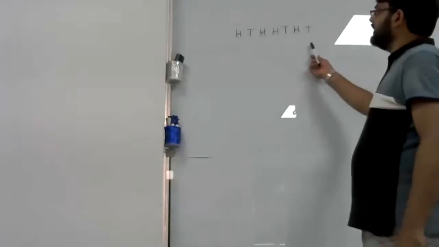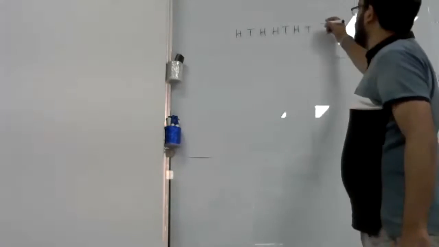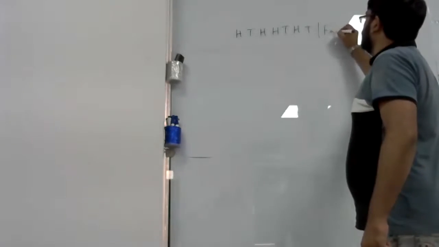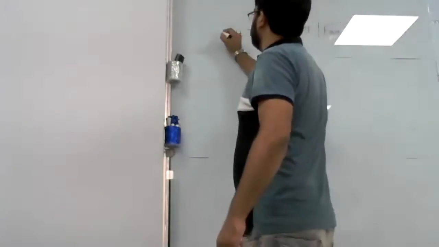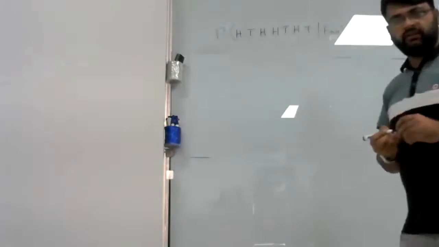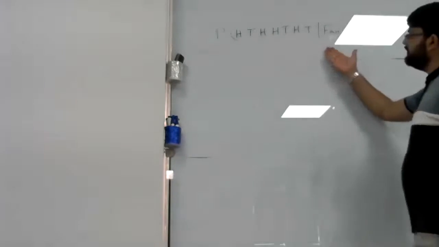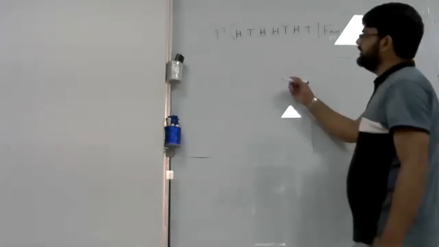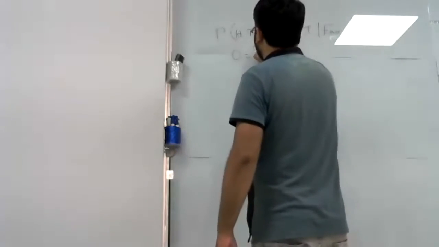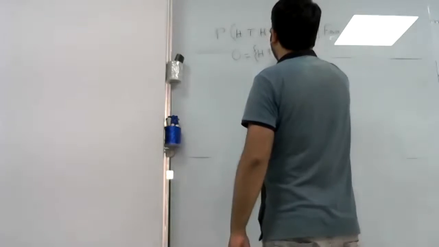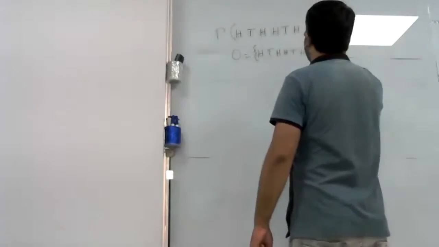तो टेक अ स्मॉल एग्जांपल. मैं सिंपल ये कह रहा हूं कि हेड टेल हेड टेल की प्रोबेबिलिटी क्या है, गिवन कि हमारे पास जो कॉइन है वो फेयर कॉइन हम यूज कर रहे हैं, ठीक है. सो द क्वेश्चन इज प्रोबेबिलिटी ऑफ ऑब्जर्विंग अ पर्टिकुलर सीक्वेंस ऑफ इवेंट्स. इसको मैं बेसिकली ऑब्जर्वेशन कह देता हूं, ठीक है, टू कीप थिंग्स शॉर्ट. सो O is H, let's put it like this, head head tail head and tail, ठीक है.